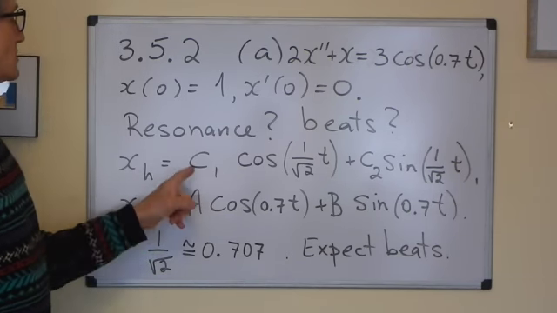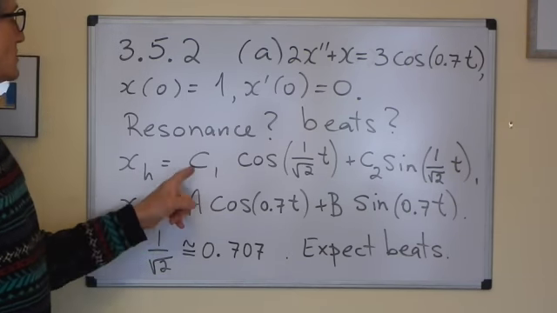I've not written the calculations on the board, but let me go over them very quickly. If I take the first derivative of the particular solution, when differentiating t, I'm going to get a times cosine, and then when differentiating cosine, I'm going to get a times minus t sine, and of course the 1.5 in there. When I differentiate the second term, again it's a product, I'm going to get b times 1 times sine, and then b t times the derivative of sine, which is of course cosine, again times 1.5, the derivative of the inside.